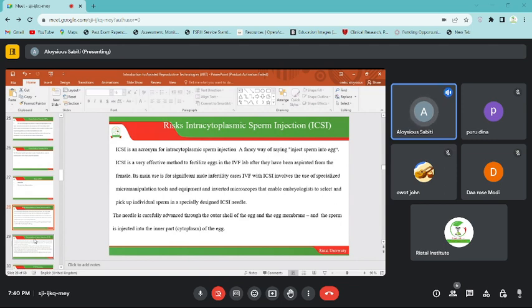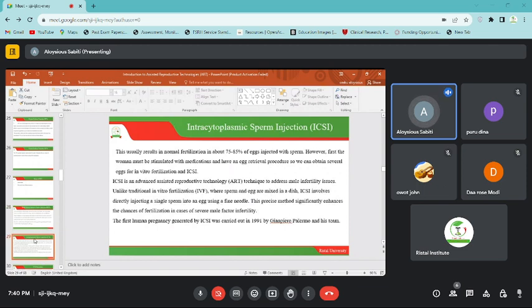So the needle is carefully advanced through the outer shell of the egg and the egg membrane, and the sperm is injected into the inner part, what we call the cytoplasm of the egg. So that is basically what intracytoplasmic sperm injection is. It usually results in normal fertilization in about 75 to 85% of eggs injected with the sperm. So it has a very high chance of fertilization.